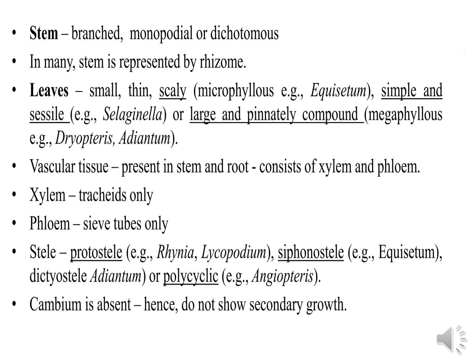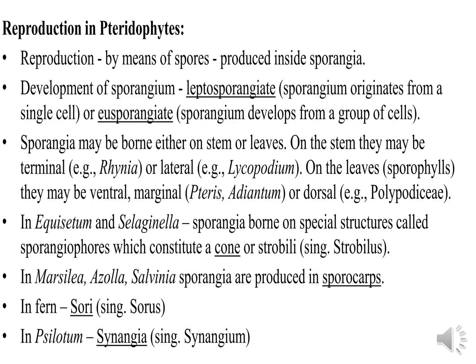Siphonostele is a condition where you will find the pith in between the vascular region, followed by xylem and the phloem, and then the pericycle region. Cambium is mostly absent, hence they do not show secondary growth.